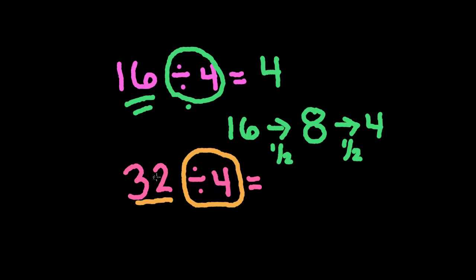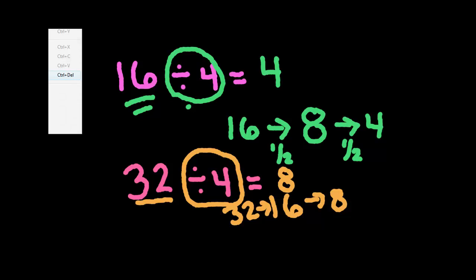I had that little song that I learned, and half of 32 was 16. So 32 became 16, and half of that becomes 8. So cutting 32 in half twice gives us 8. That's how we're going to divide by 4.